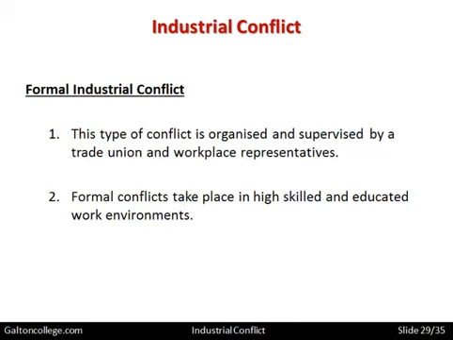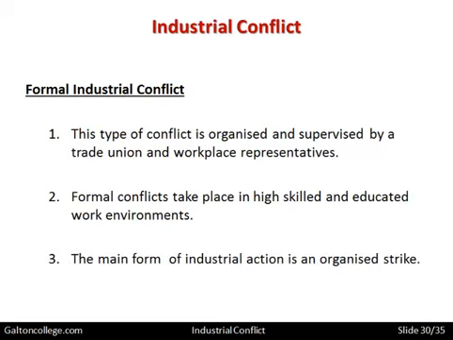The civil service, who say work for the government directly, they may have issues the same as people working in the car works on an assembly line. So the idea of conflict is not restricted to any particular type of industry or any particular type of worker. It cuts right across.